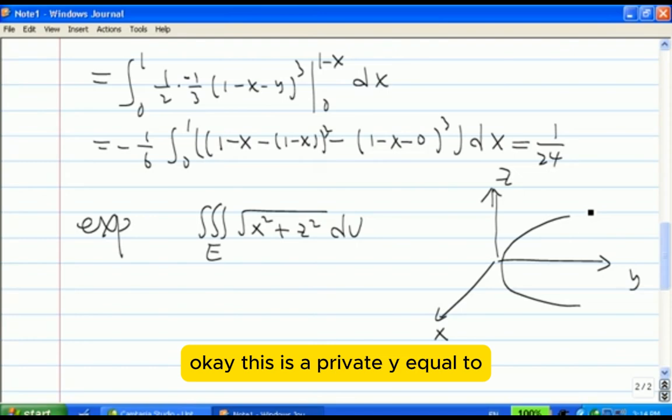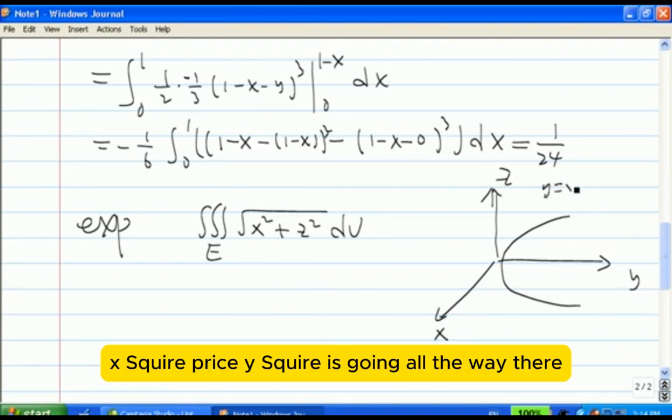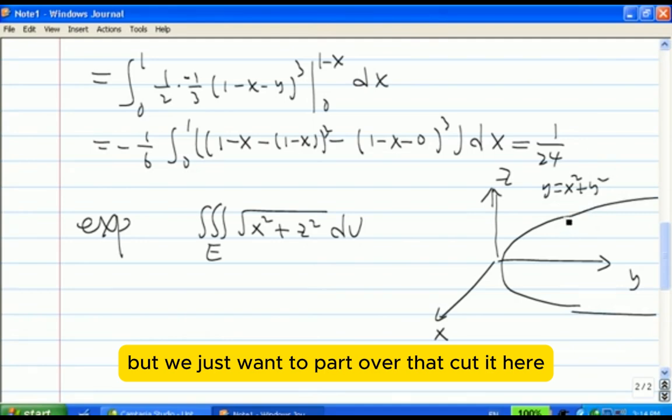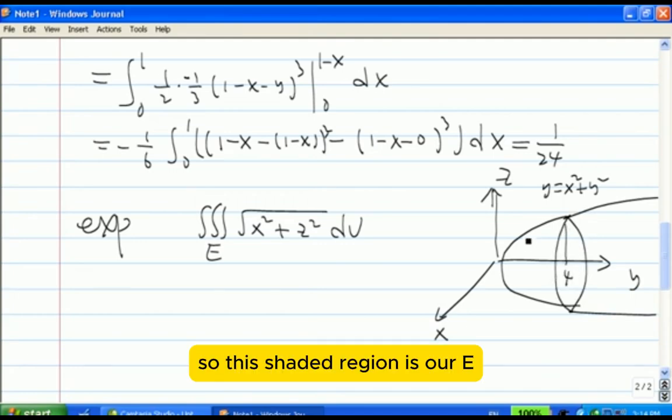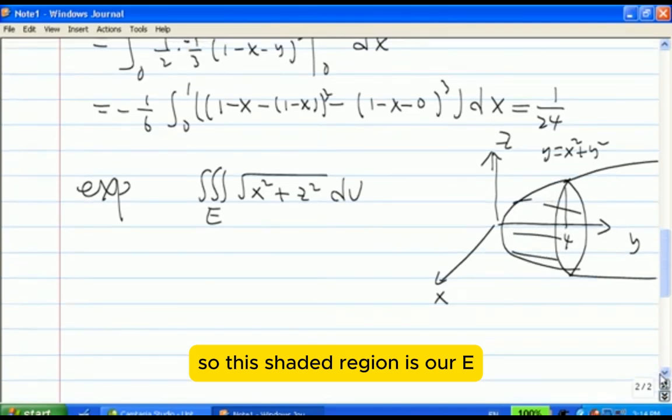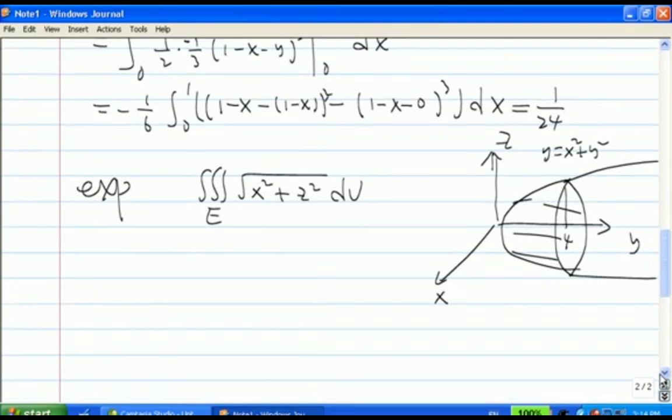This is a paraboloid, y equal to x squared plus z squared. This goes all the way there, but we just want part of that. Cut here, where y is 4. So this shaded region is our E.